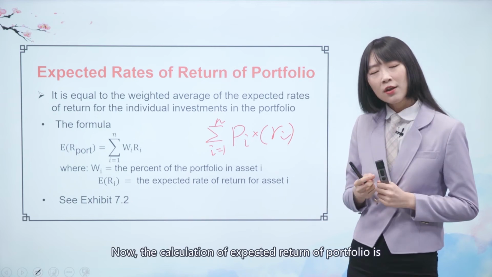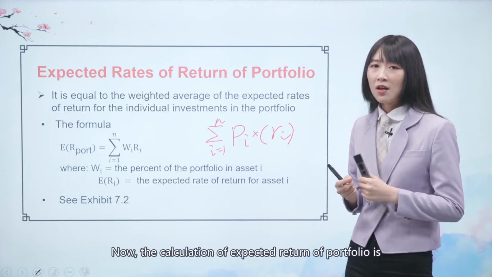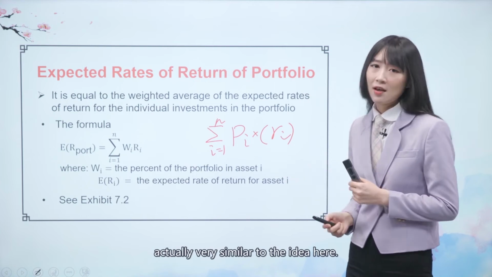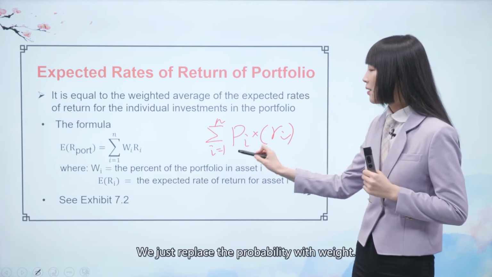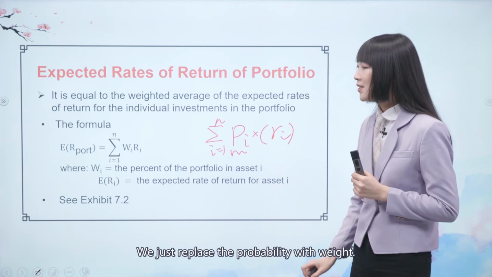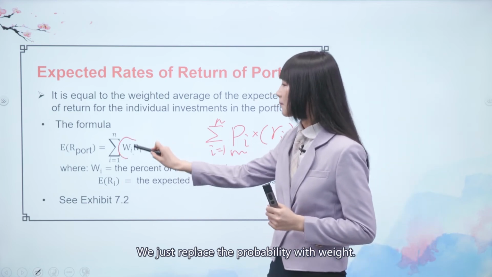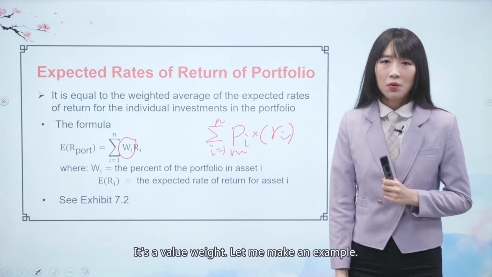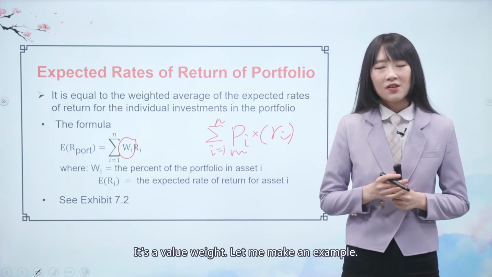Now, the calculation of the expected return of a portfolio is actually very similar to the idea here. We just replace the probability with weight. But what is weight? It's a value weight. Let me make an example.